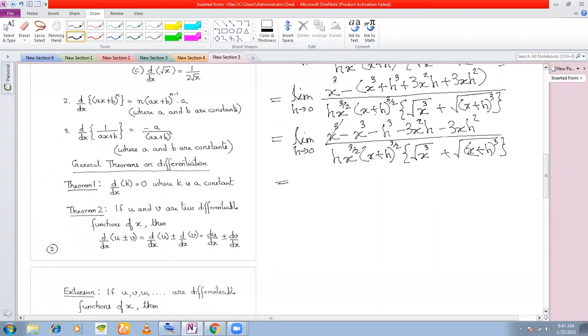Now from the numerator you can cancel x cube and x cube, and also you see you have h cube, x square h and x h square from which you can take h common, right?